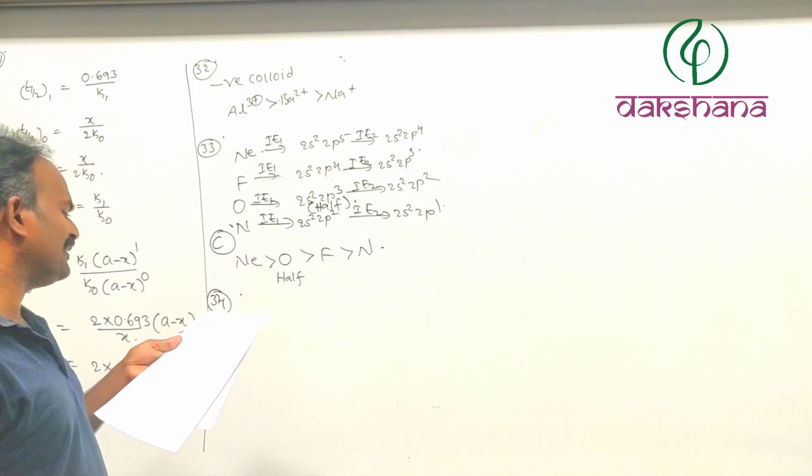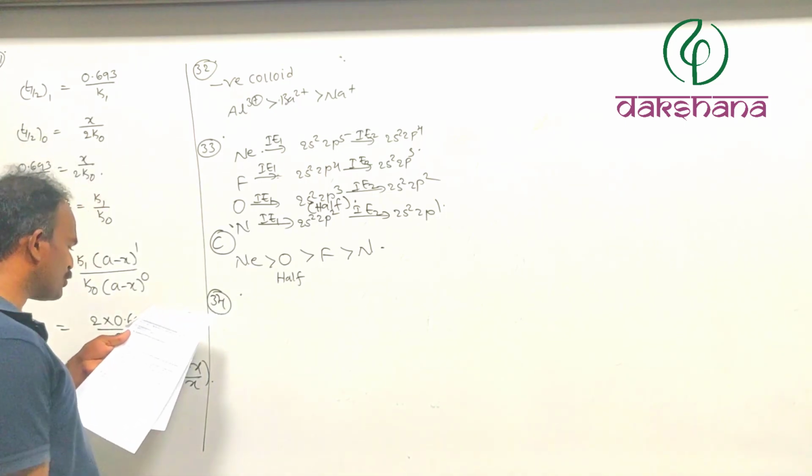Next, question number 34. According to VSEPR theory, the most stable arrangement is going to be.